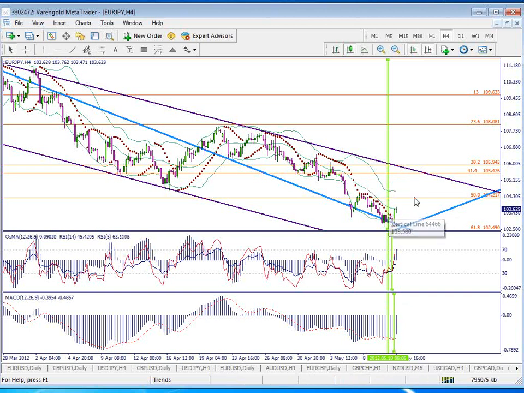So I think that for the moment the pair will try to reach 41.4 level, maybe in this point, and will test this superior trend line of the channel. We can have one swing between 50 and 41, and after that start the move into the upside.